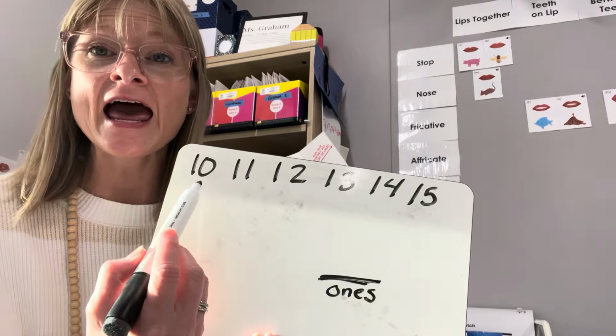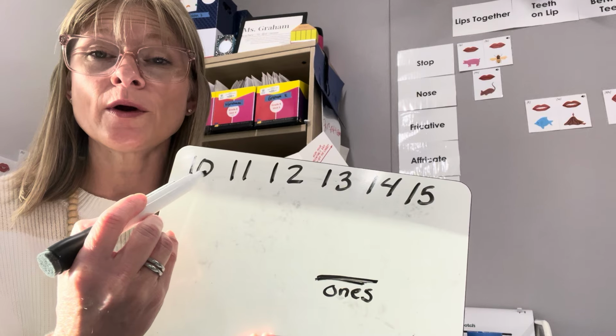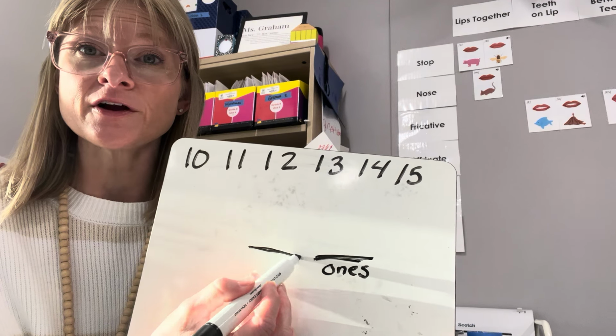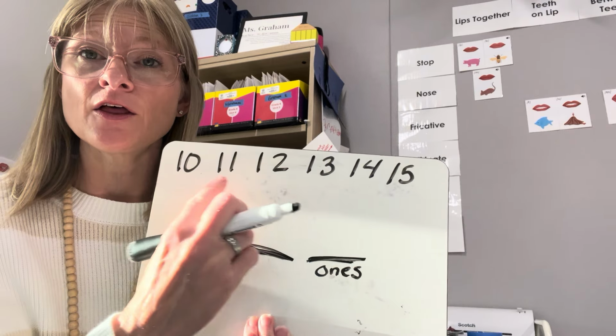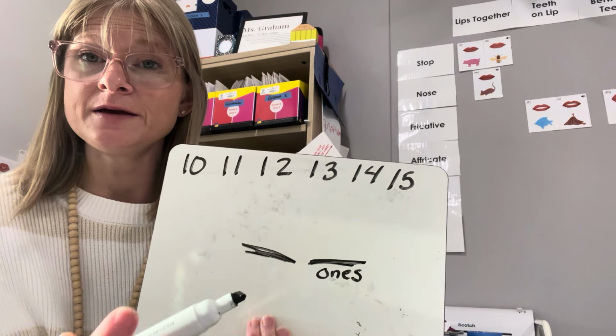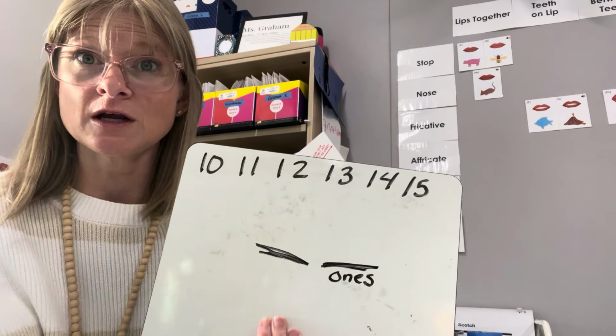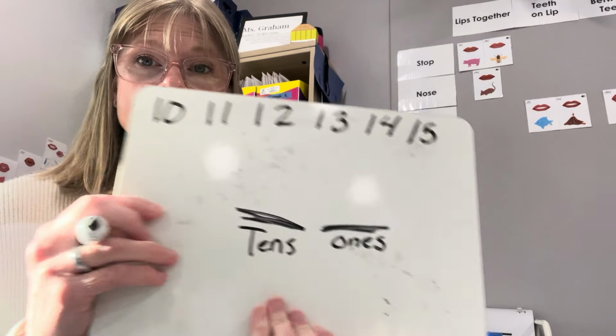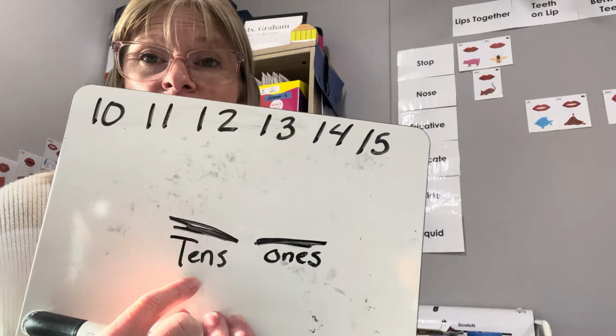Now when we get to 10 and we start going through our teen numbers, we're adding another number there, because there's two digits that make up those numbers. And that is the tens place. That tells you how many tens there are in a number.